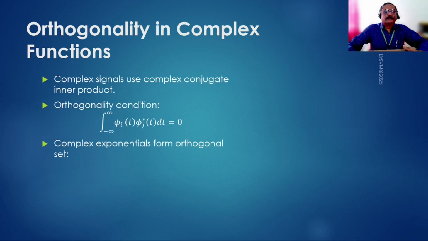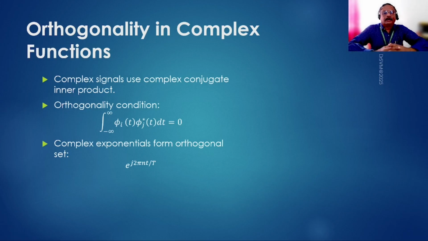So the complex exponentials form an orthogonal set, where we talk of e to the power j 2 pi n t over capital T. Capital T is the period we are talking about, and n is the harmonic. If n is equal to 1, we are talking about the basis function. Then n equal to 2, we are talking of the second harmonic. N equal to 3, the third harmonic, and so on.